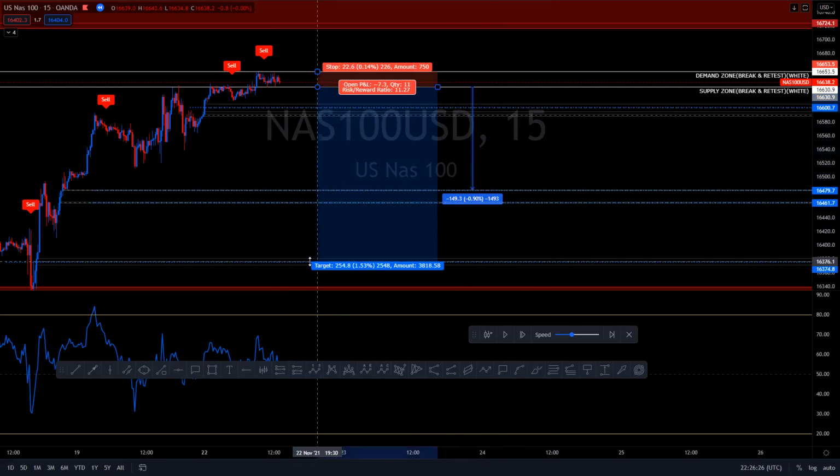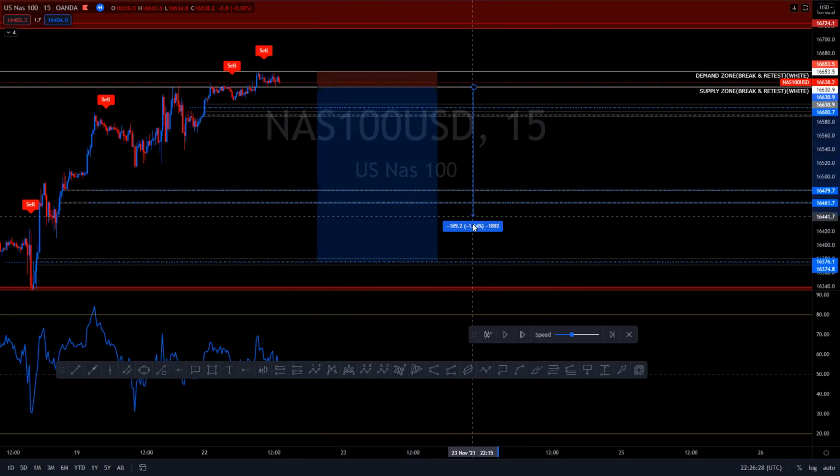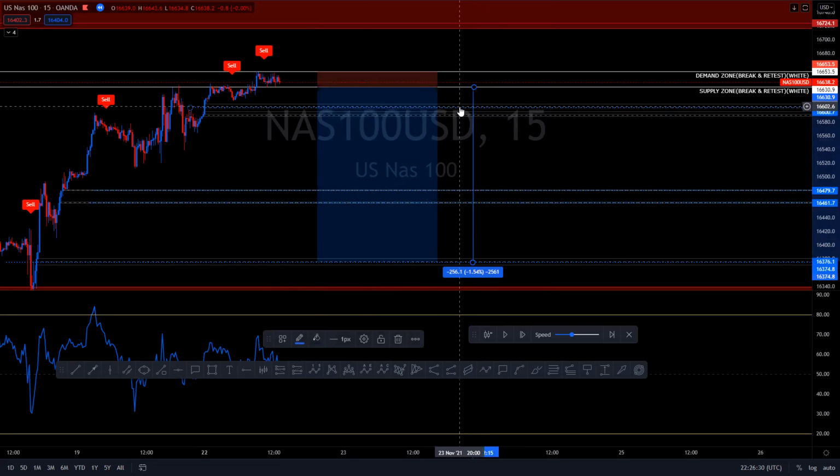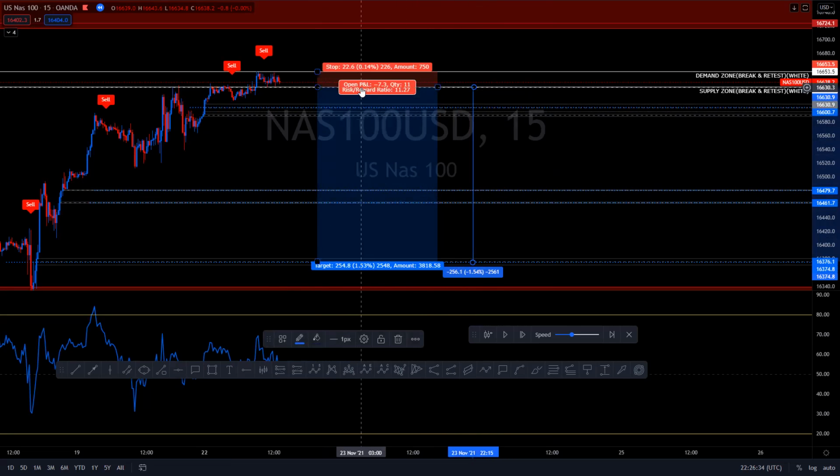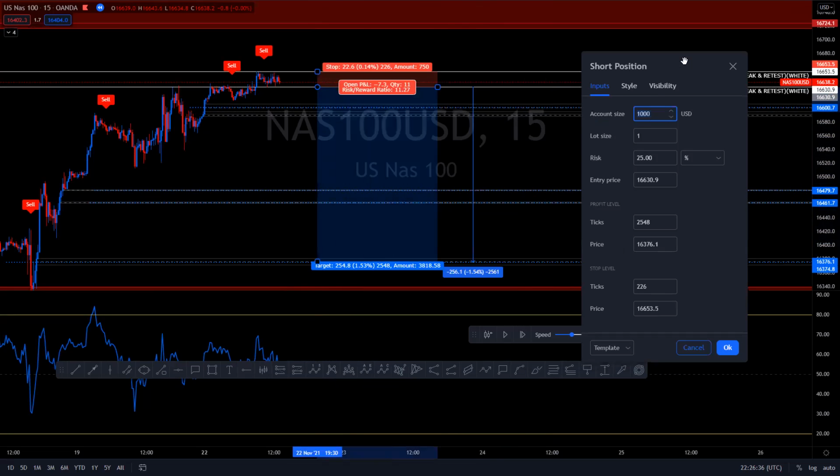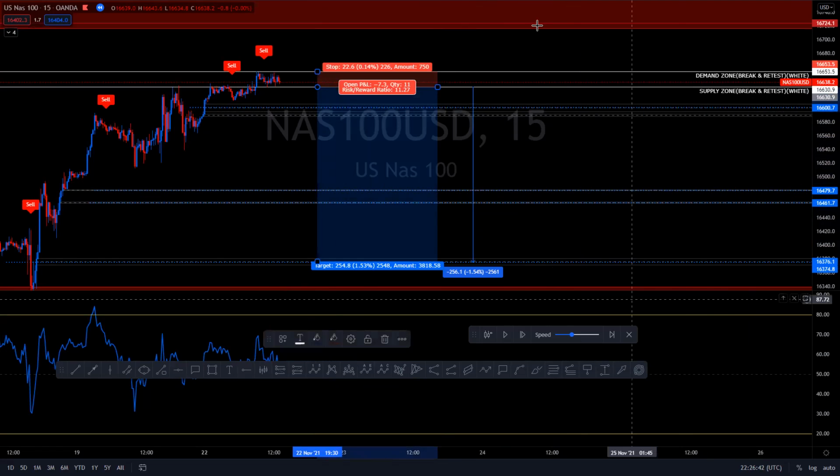Might even bring it down here because eventually they're going to have to mitigate this area. But my primary goal is to get at least 200 pips in NAS. And so then I have this set so that if price sells, I can easily put in my stop loss and take profit. And if I decide to do a pending order, I could put in my entry price as well.